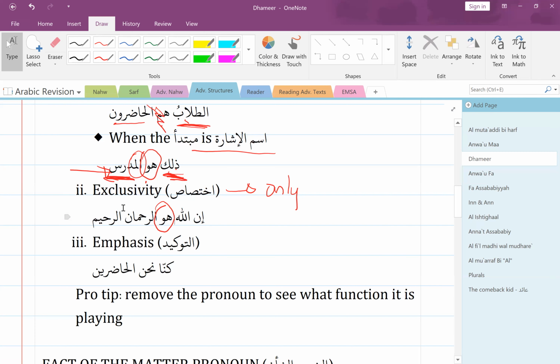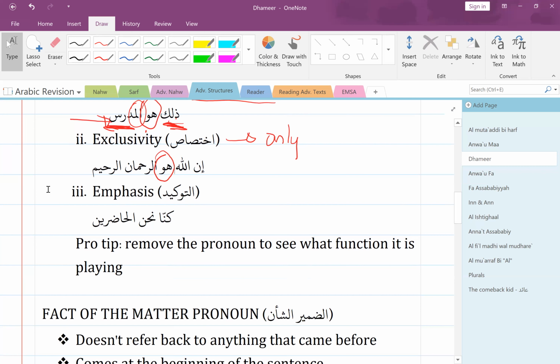And then the last function of this pronoun, dhamir al-fasl, is tawkid, emphasis. We've come across this before, and we talked about this when we were talking about tawkid. When you see the pronoun being repeated, remember when we were discussing tawkid, we said there are two kinds: tawkid al-lafzi, tawkid of wording, and tawkid al-ma'nawi, tawkid of meaning.